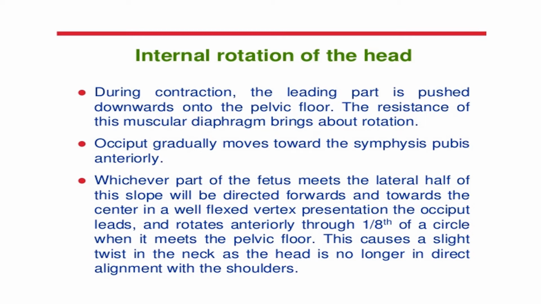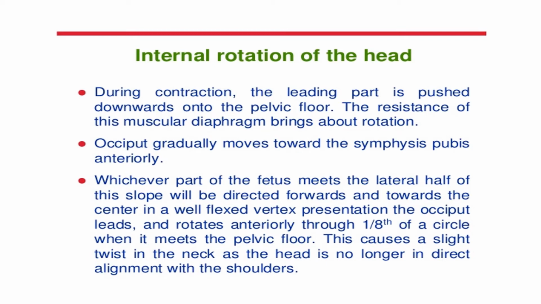It is the second principle. In the principles of labor, we have seen that the second principle is whichever part meets the resistance of the pelvic floor will rotate forward until it comes under the symphysis pubis. So here the occiput is meeting the resistance of the pelvic floor, so this will rotate forward and come under the symphysis pubis.